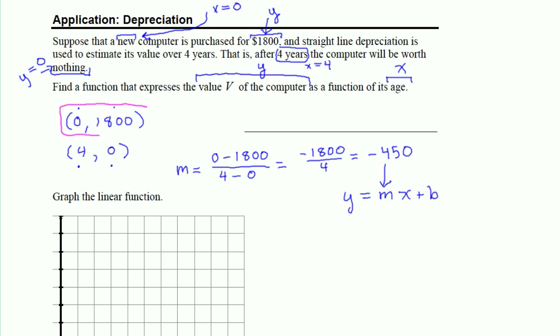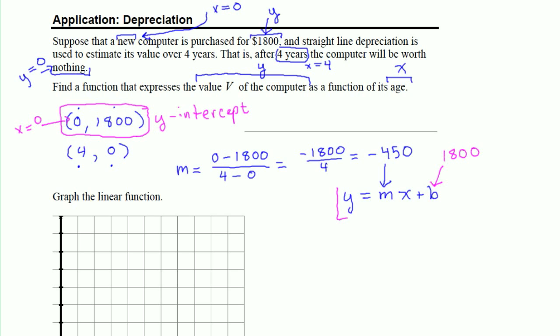This point here is the y-intercept, and we can tell because it has x-coordinate 0. Anytime the x-coordinate is 0, we know that that point has to lie on the y-axis, and therefore it is the y-intercept of the graph. So for my b, I'm going to put 1800.